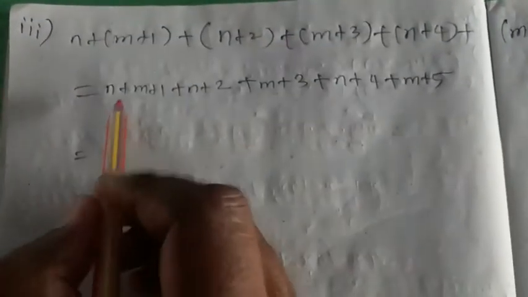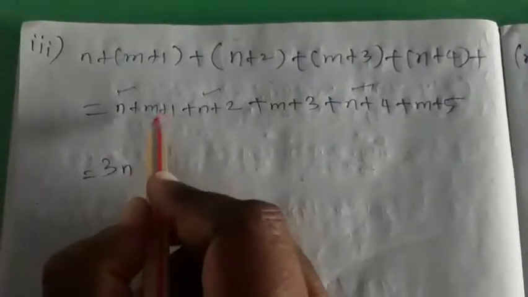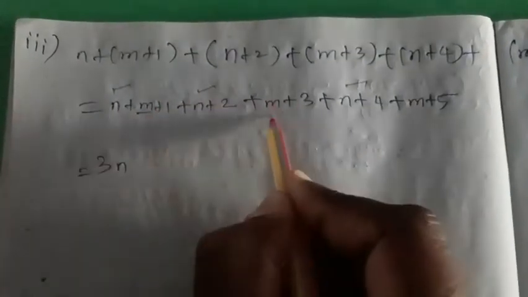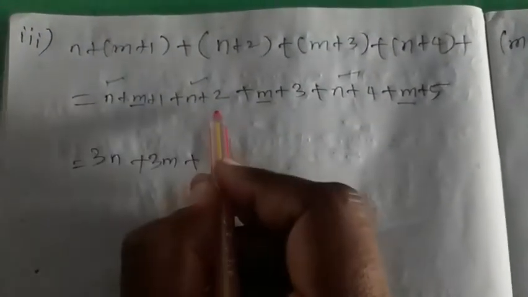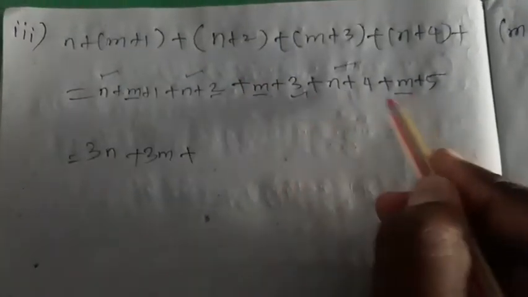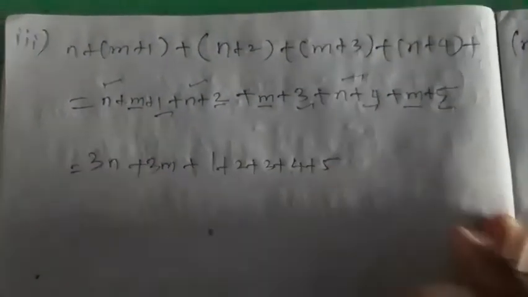First take the n terms separately. How many n terms here? 1, 2, 3: 3n. Next, the m terms: 1, 2, 3: 3m. Next, the constants: 1 plus 2 plus 3 plus 4 plus 5.